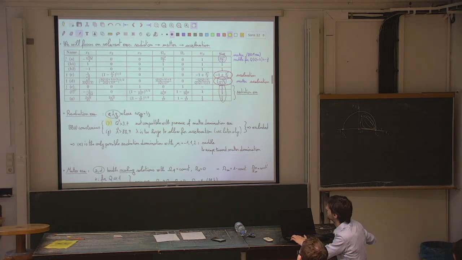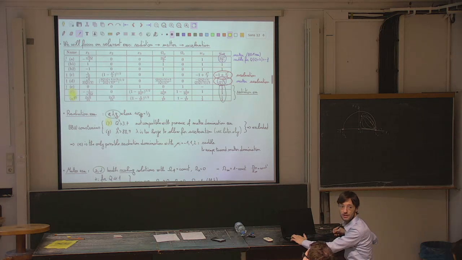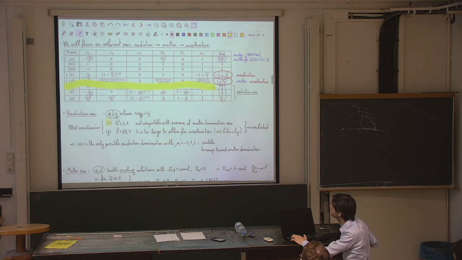These two points are excluded not because of theoretical reasons, but because the observations tell us that we have never been there. Otherwise, we would have the wrong radiation epoch, which should be this one. So it is an observational reason.